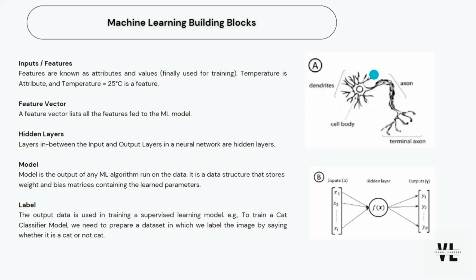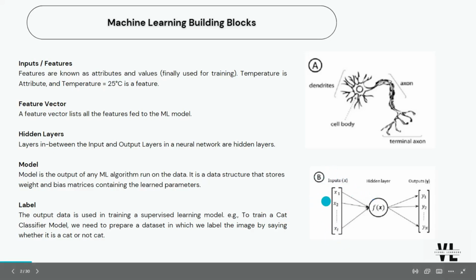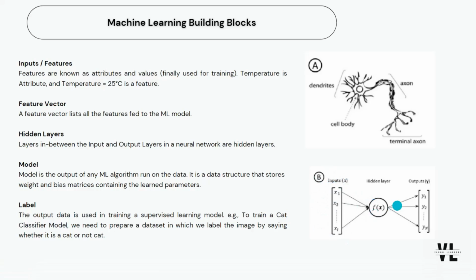It tries to imitate the functioning of the neurons in the human brain. But in this case, we're using mathematical functions which take in input signals and try to produce an output. And any kind of sophisticated deep learning model is just the stacking or the multiple use of these mathematical functions to solve complex problems.